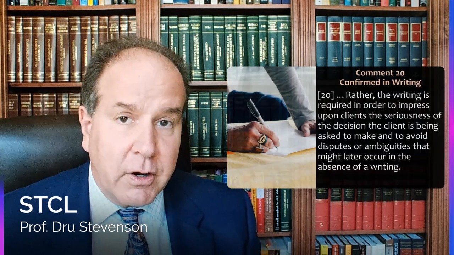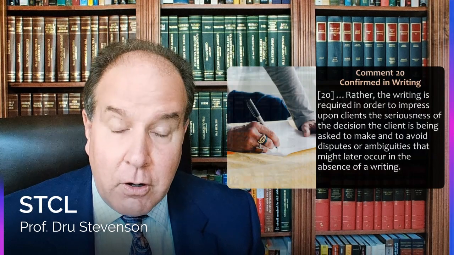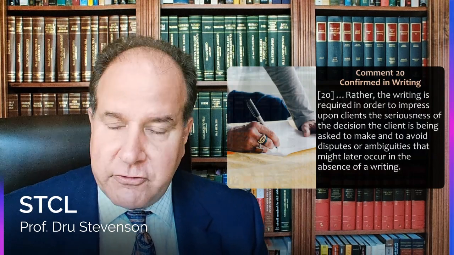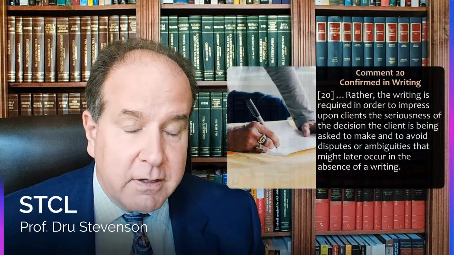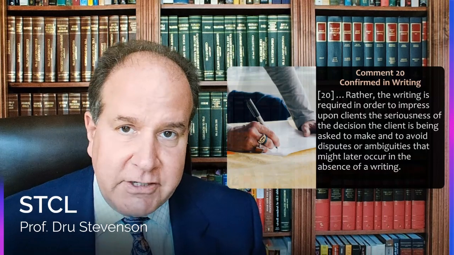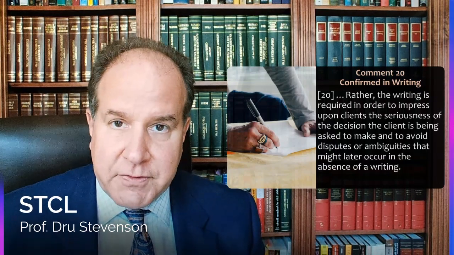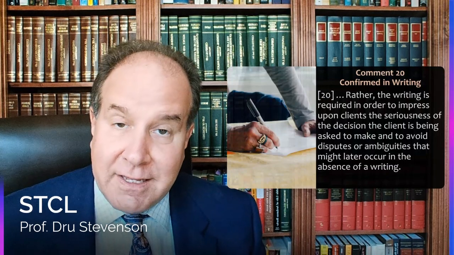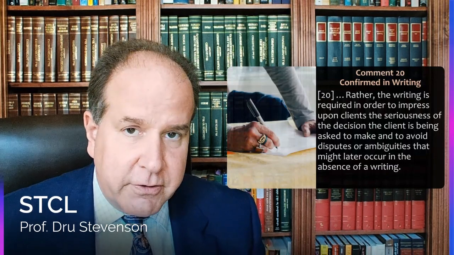Maybe there's more going on than they realize. They were just casually, politely going along and agreeing. But if you want a signature, it means something serious is happening. Well, that's exactly right when it comes to consenting to a conflict of interest with your lawyer's representation. We want clients to hit pause and think about what they're doing, to realize the gravity of this decision, to ponder it and mull it over and consider the alternatives.